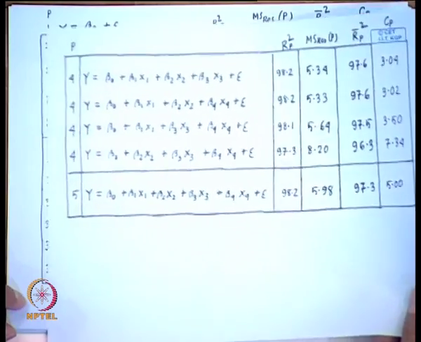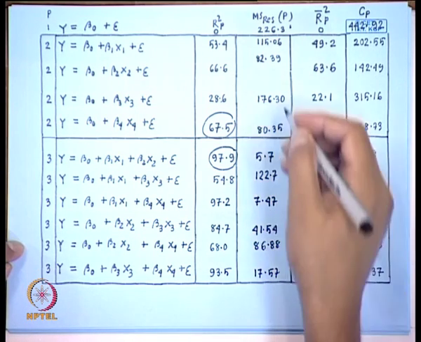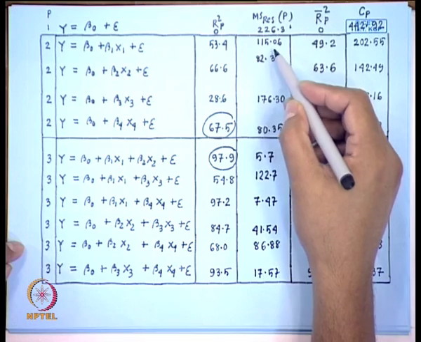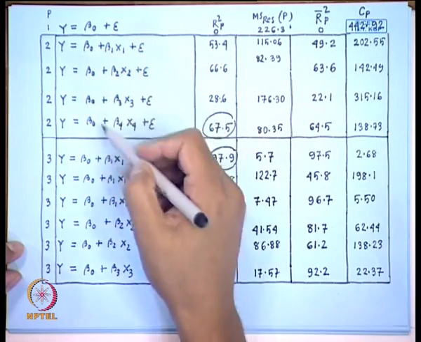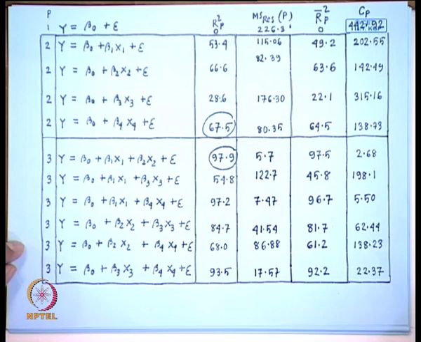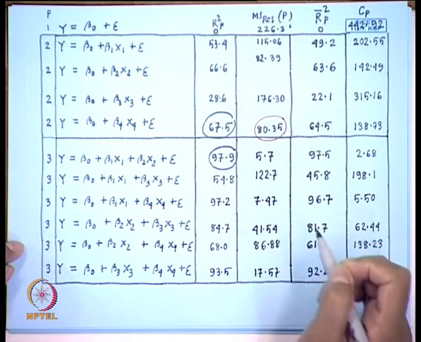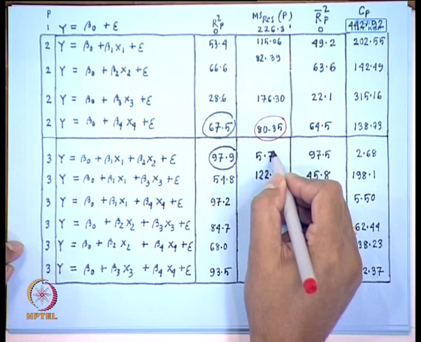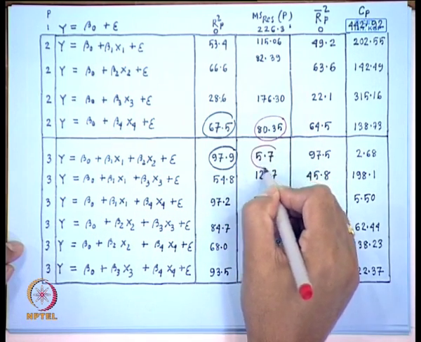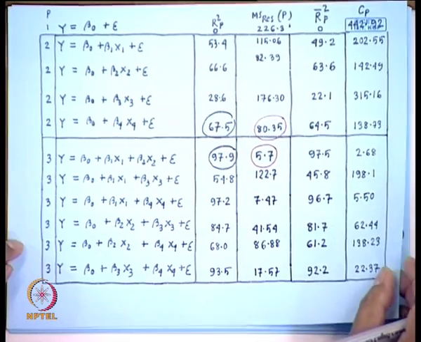Now, what we do is that the minimum MS residual value in this class is 80.35. So, we tabulate this one, and the minimum in this class is 5.7. So, we will tabulate this one in our graph here.